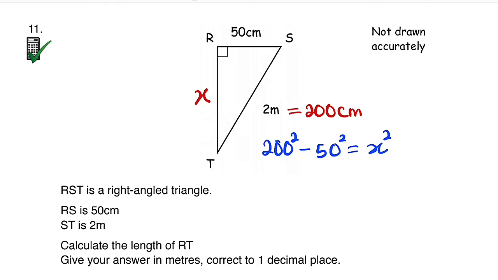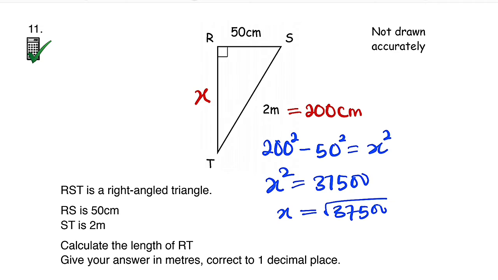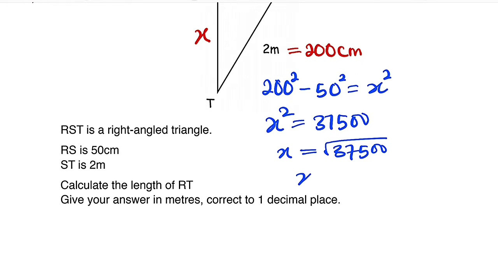So 200 squared minus 50 squared is exactly equal to 37,500. So x squared is equal to 37,500, and x will be equal to the square root of 37,500. And this is to 1 decimal place equal to 193.6 centimeter, 1 dp.